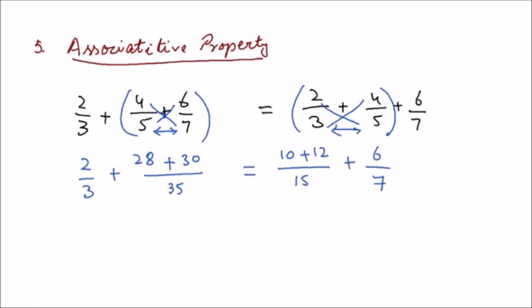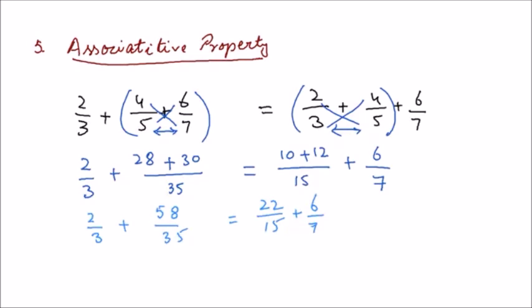Now go on solving. 2 by 3. Now add both of these numbers. 8 and 5. Here 22 by 15. Now we will multiply 35 with 3 because 3 does not divide 35.